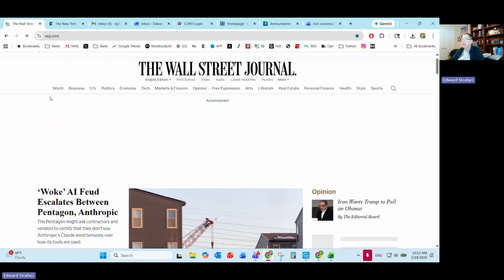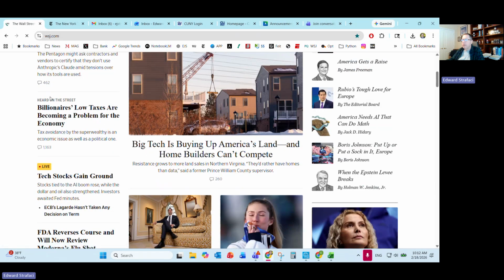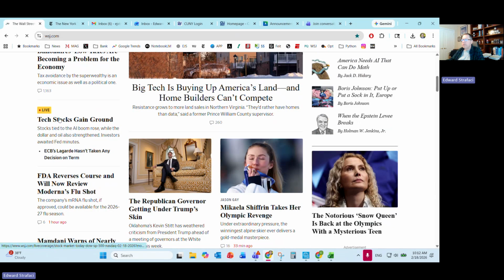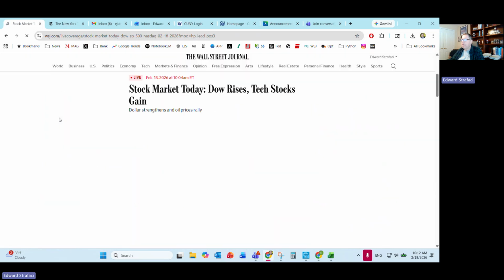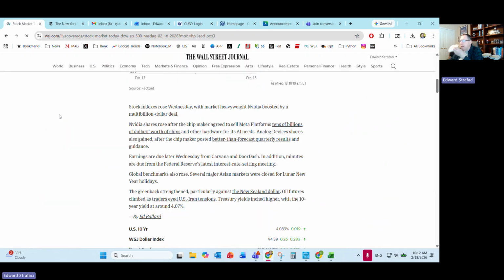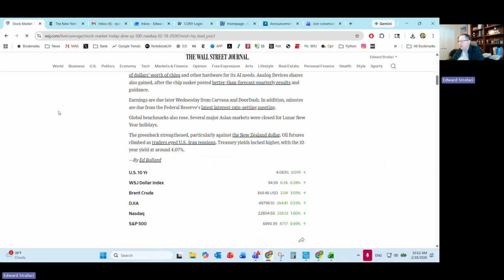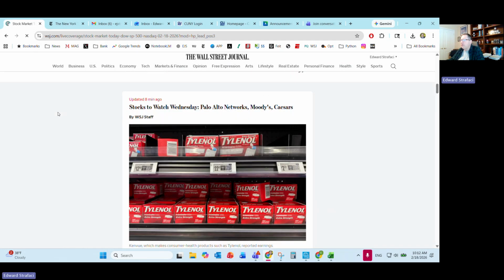And the best place to see that is in places like the Wall Street Journal. They constantly follow it. So here you've got live, tech stocks are gaining ground today. The Dow is rising, tech stocks are gaining. There was a worry that AI would be too costly for them, but obviously they are turning the corner.